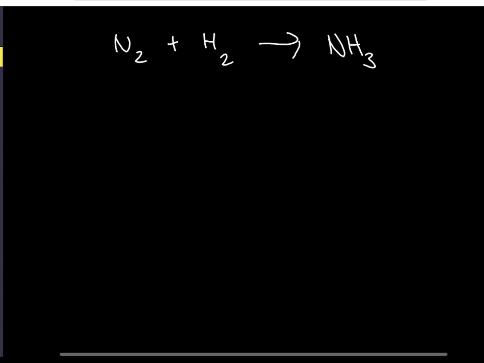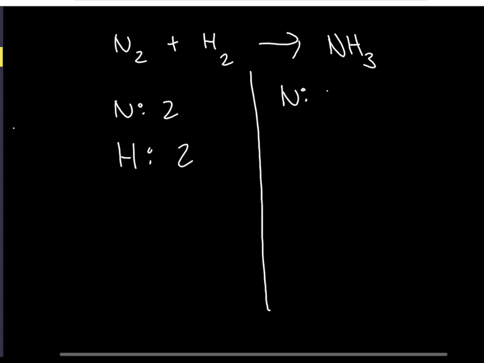Let's write down our chart again. We have 2 nitrogen atoms, 2 hydrogen atoms, and on the other side, 1 nitrogen atom and 3 hydrogen atoms. How can we balance this? You can see that the amount of nitrogen on this side is different.